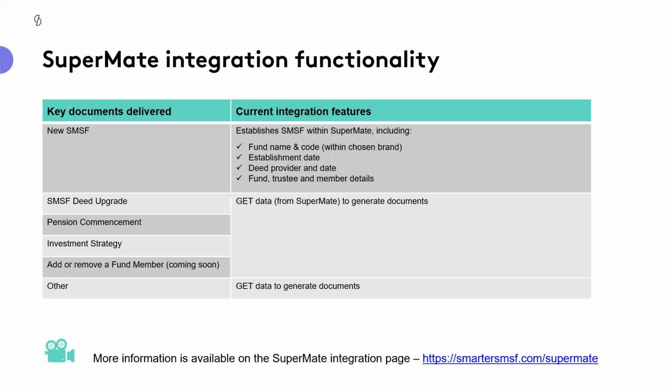What we've done with the new SuperMate is we've made it full-featured, to the point that you could actually write your own SMSF administration software using our API if you actually wanted to. I wouldn't encourage it; it's a lot of work. But you could. It's got full read and write and extensive. Anything you can do in the user interface, you can do via our API. And what that enables is greater innovation in the whole SMSF ecosystem around SuperMate.